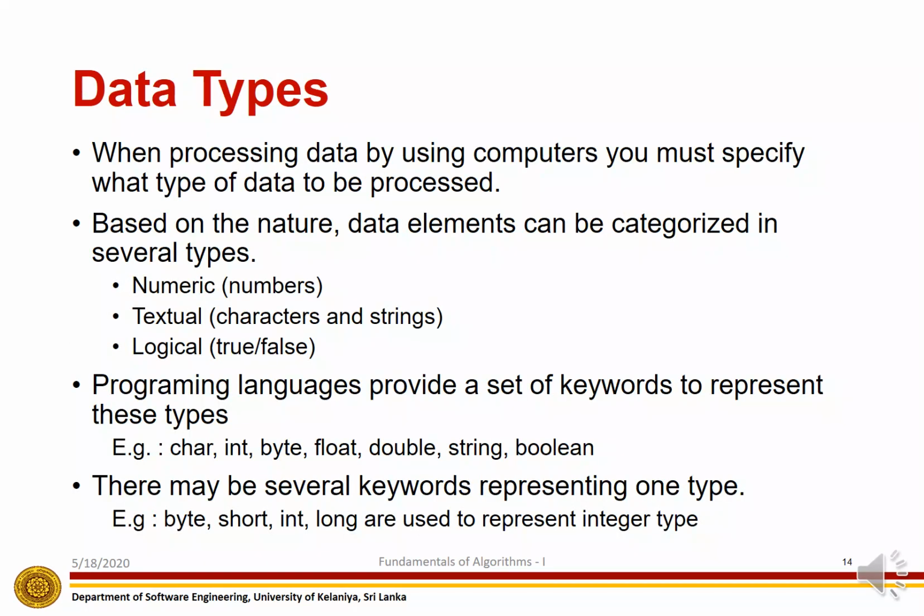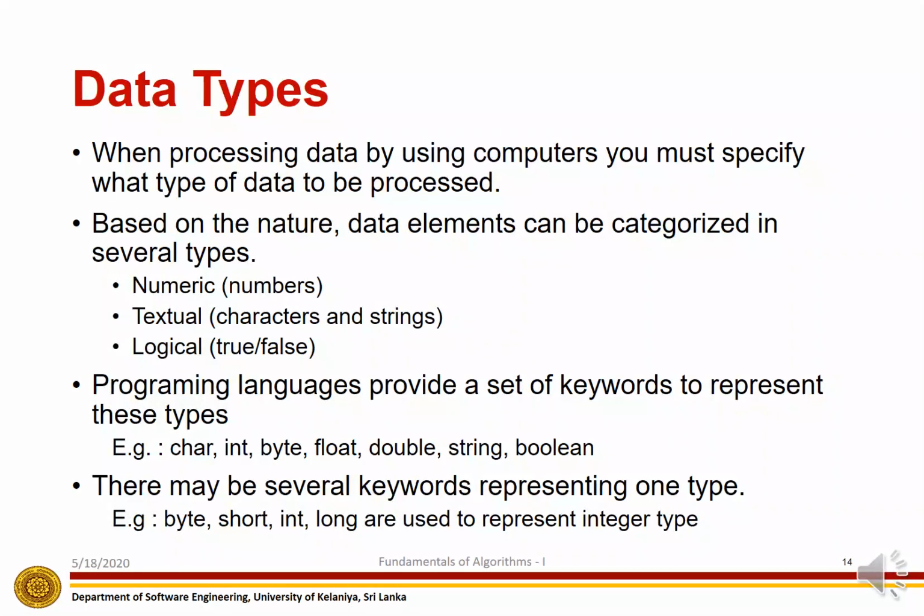Next, this is a very important topic, data types. You have to learn about data types because when processing data by using computers, you must specify what type of data is to be processed. Simply, data can be stored in many different formats and these are called data types.